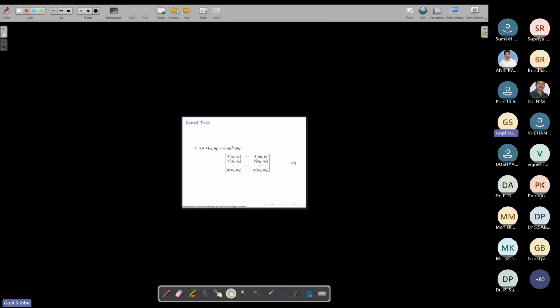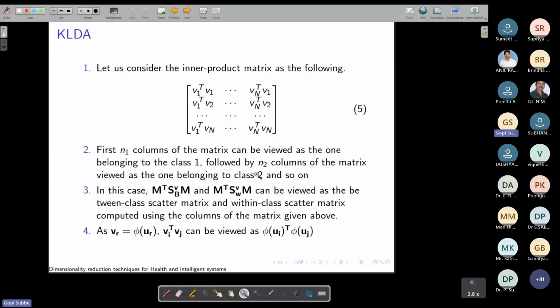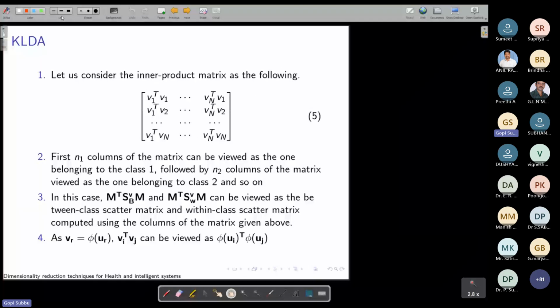You are considering now the vectors in the higher dimensional space, which is constructed like the inner product matrix. After mapping to the higher dimension, you get the vectors v1, v2, and so on up to vn. We arrange these vectors in a matrix form by taking the inner product.